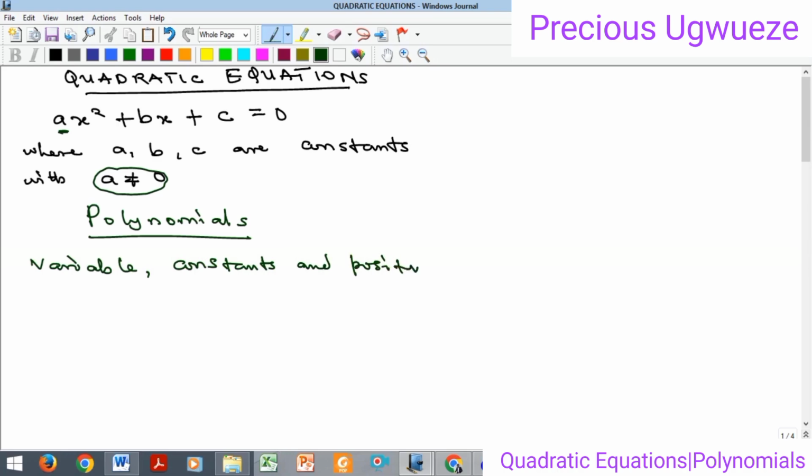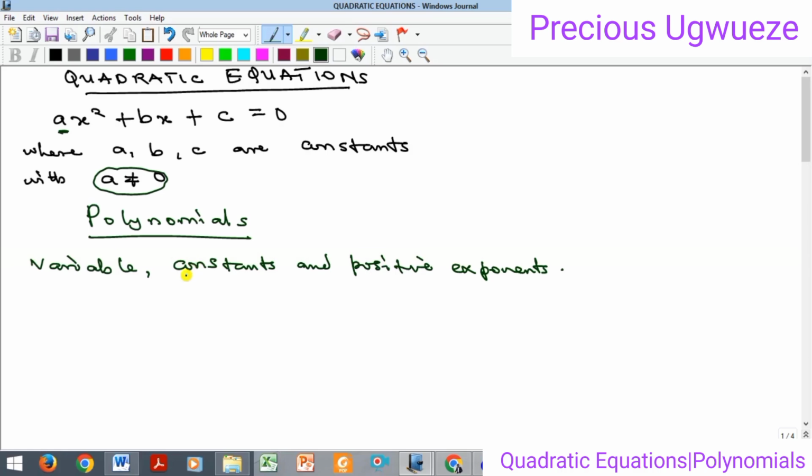So it will contain exponents, but the exponent must be positive. Okay, and these three things are going to be combined by some mathematical operations such as addition, subtraction, multiplication, and also division. But in this case, you don't divide by variables, you only divide by constants.